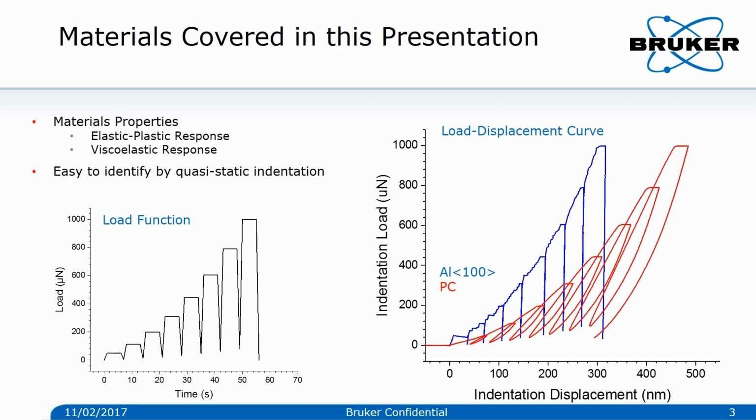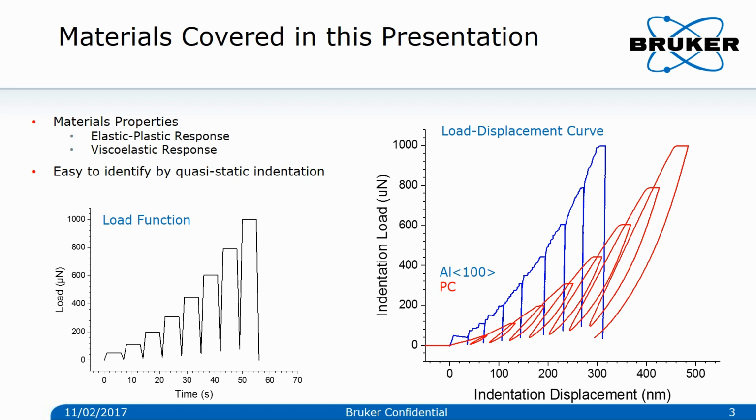It is very easy in an indentation experiment to identify whether the material response is elastic plastic or whether it is a viscoelastic material. The load function on the left-hand side is applied to two materials using a Berkovich indenter geometry.